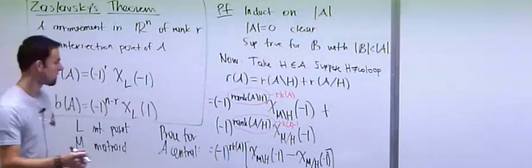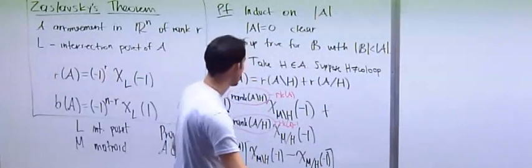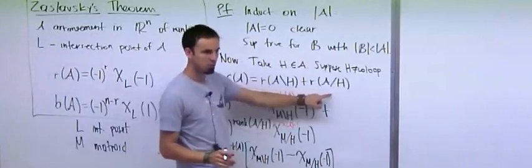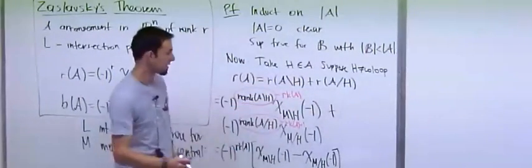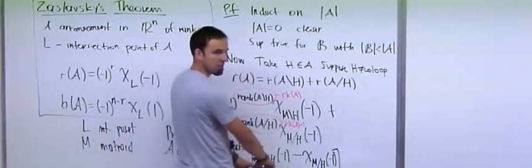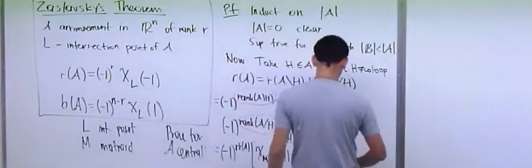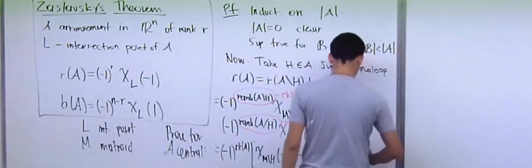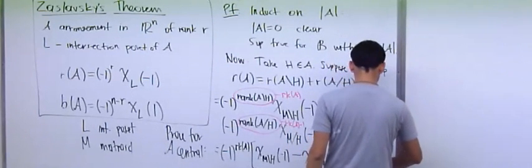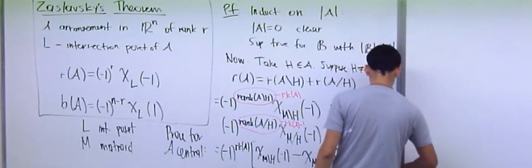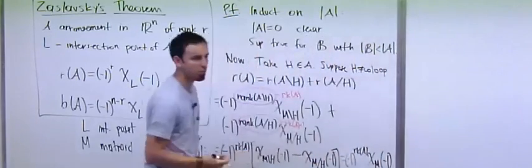And now the point is that we showed that regions satisfy this recursion, but we also showed, the last thing that we showed last time, is that the characteristic polynomial of M is exactly the one of the deletion minus the one of the contraction. So this is (-1) to the rank of A times the characteristic polynomial of M evaluated at -1. Okay.